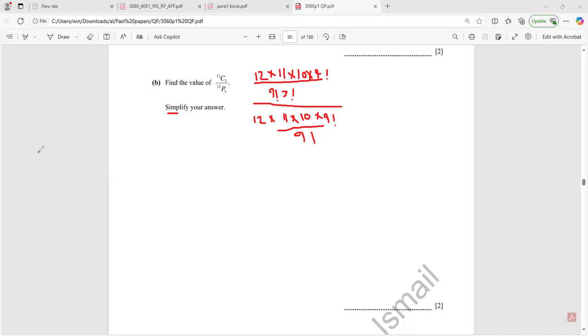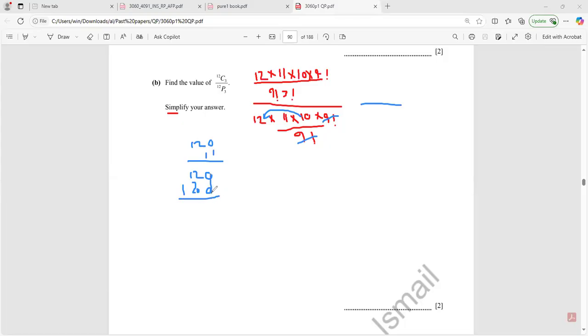So here I'm going to cancel, and this will give us a denominator of 10 times 12, which is 120. 120 multiplied by 11, I will put 120, then another 120.